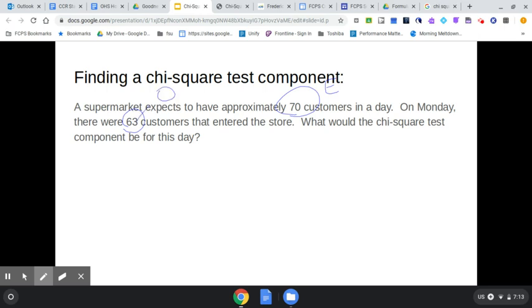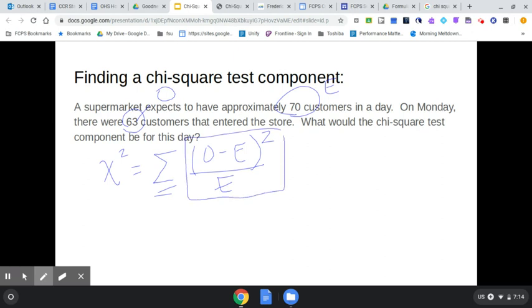In that last slide, it said that chi-squared was equal to the sum of (O minus E) quantity squared over E. We only have one category for this example, so we're just going to be doing this once. We're not actually going to be utilizing the summation symbol. We're just going to be doing this portion of the formula. My observed value is 63 minus the expected value of 70.